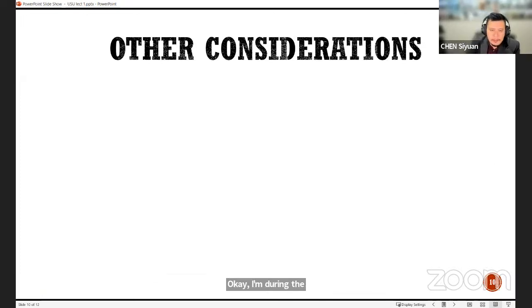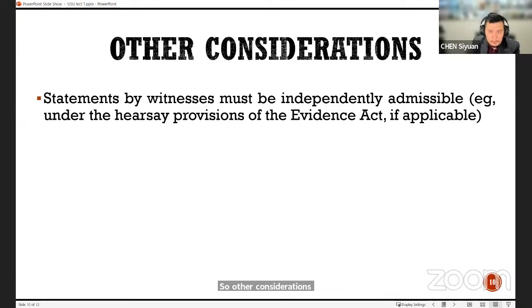So, other considerations when it comes to the gathering of evidence before a trial. Statements by witnesses technically have to be independently admissible. So for instance, if you extract a long statement from a witness and the witness doesn't testify in trial, that is a hearsay problem.